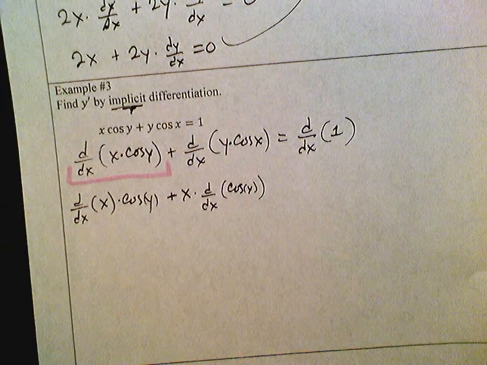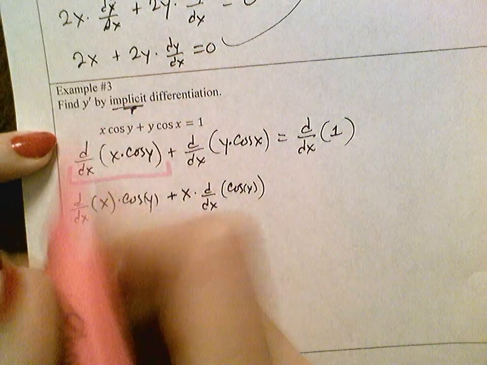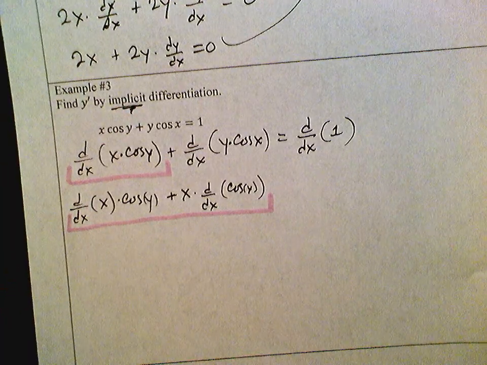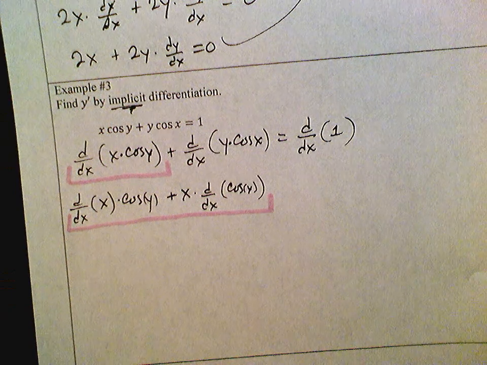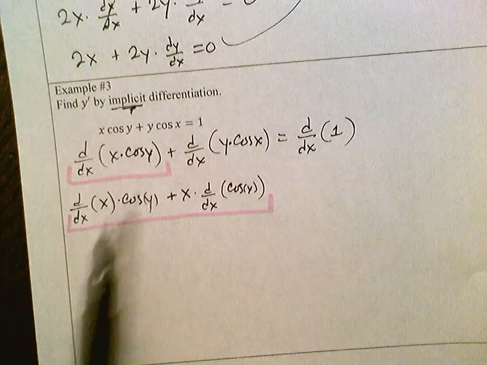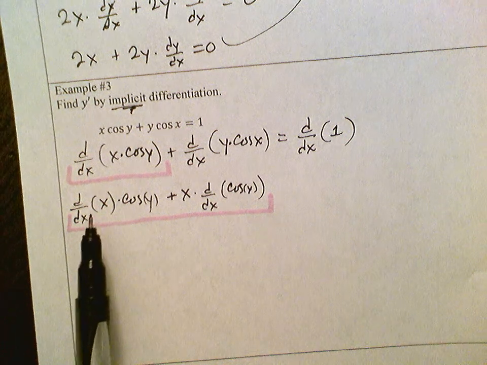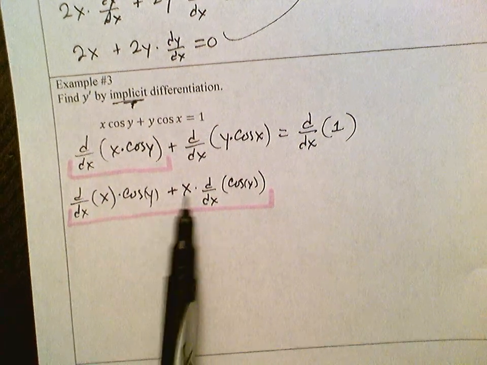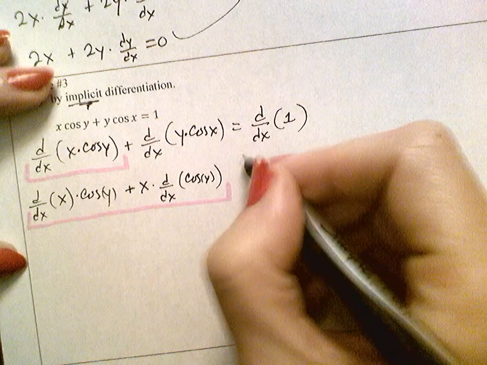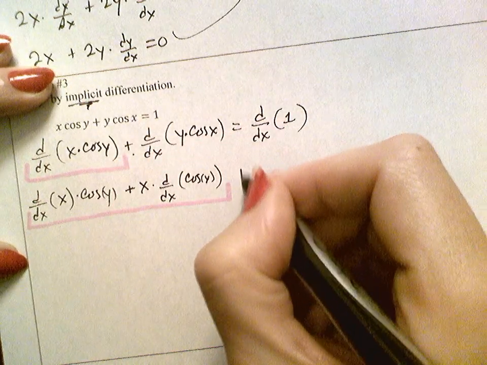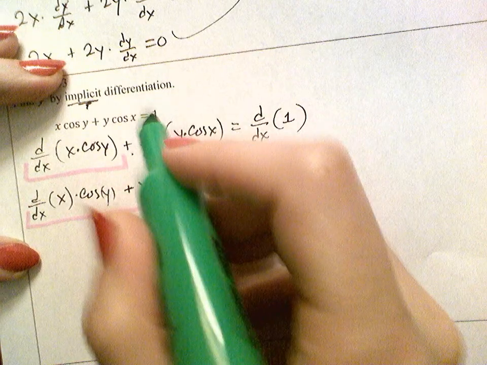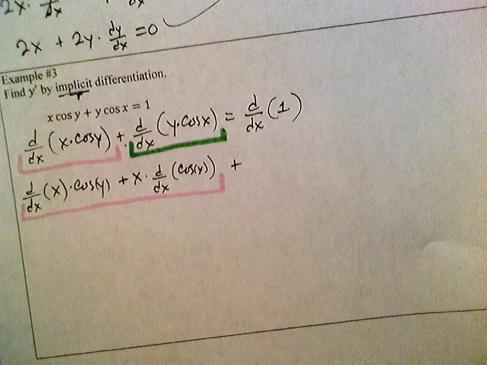So that thing I underlined in pink becomes that when I expand it out with product rule. I still haven't taken the derivatives yet, but this is like when we go bracket prime, bracket plus, bracket, bracket prime. And then this plus sign I bring down there. And then I'm going to set up product rule for that.